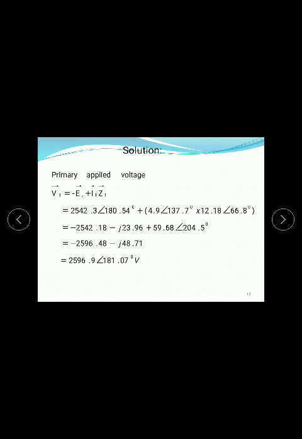And this equals minus 2596.48 minus j 48.71, that is equal to 2596.9 angle of 181.07 degrees volts. This is the V1 voltage.